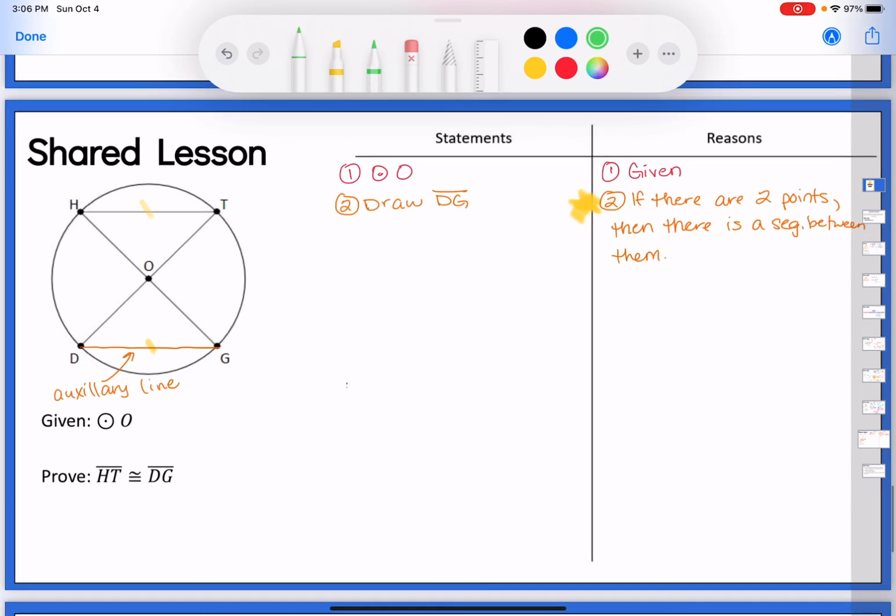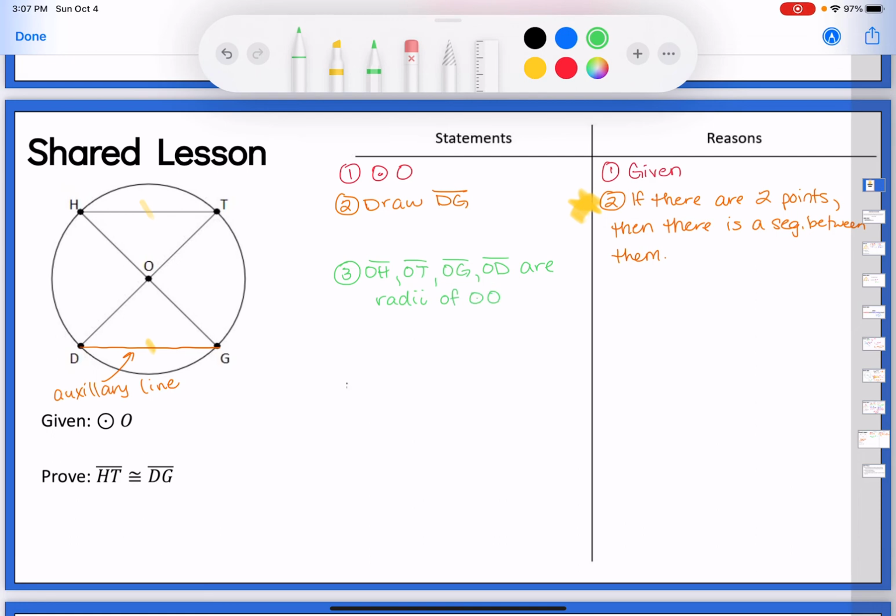All right, so the next thing that I would do is I see that segment OH, segment OT, segment OG, and segment OD are all radii of circle O, right?